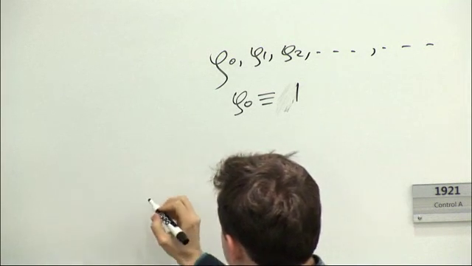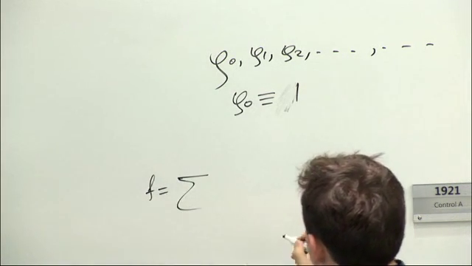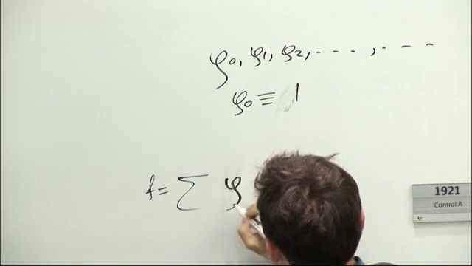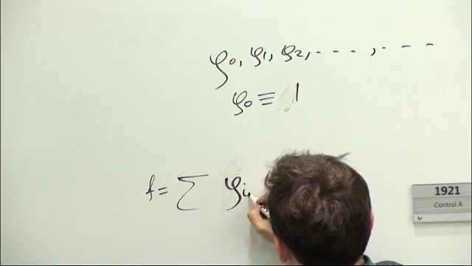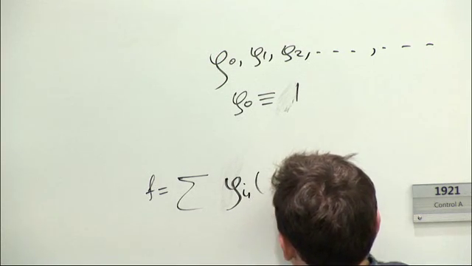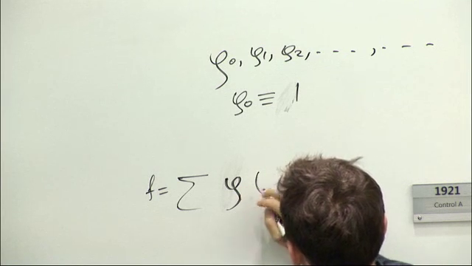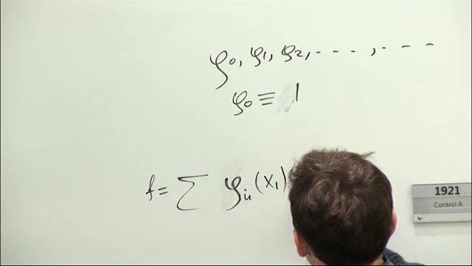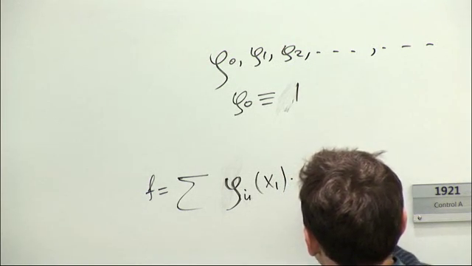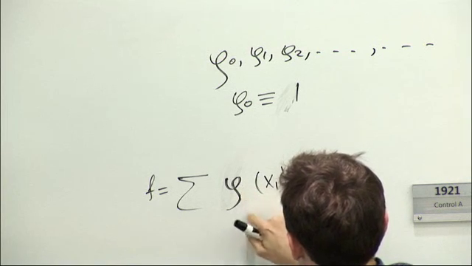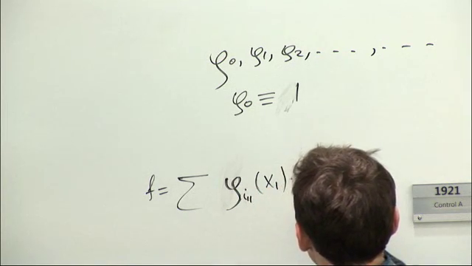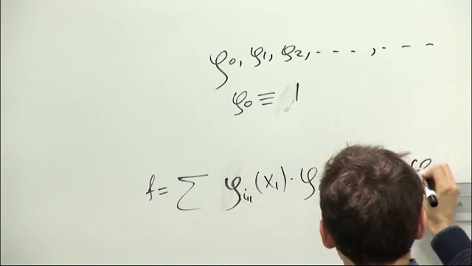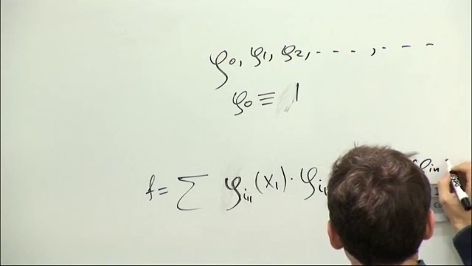Then we can write that f is equal to the sum of coefficients times phi i1 of x1, phi i2 of x2, and so on, phi in of xn.